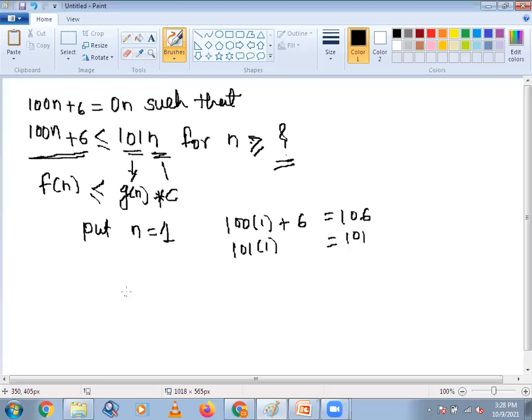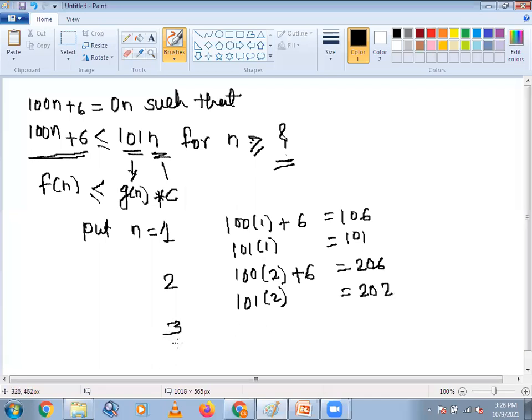101n. Then put n is equal to 2. Then 100 into 2 plus 6, that is 206. Then 101 into 2, you will get 202.